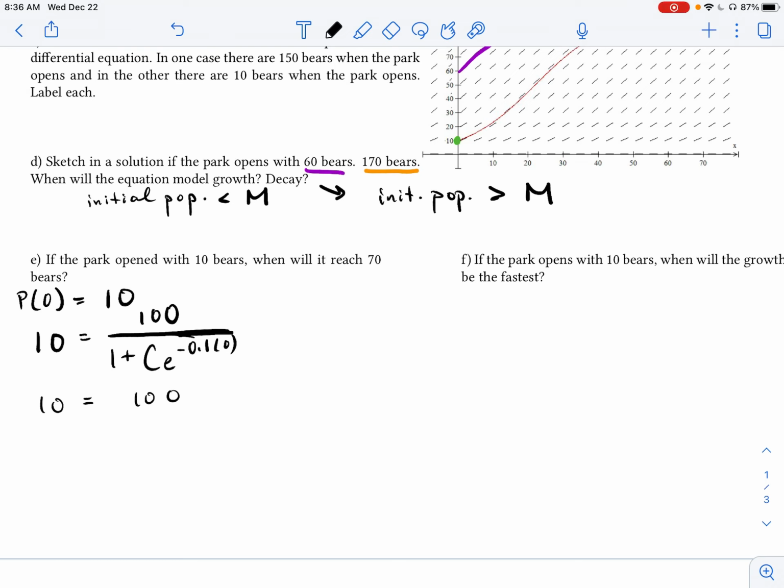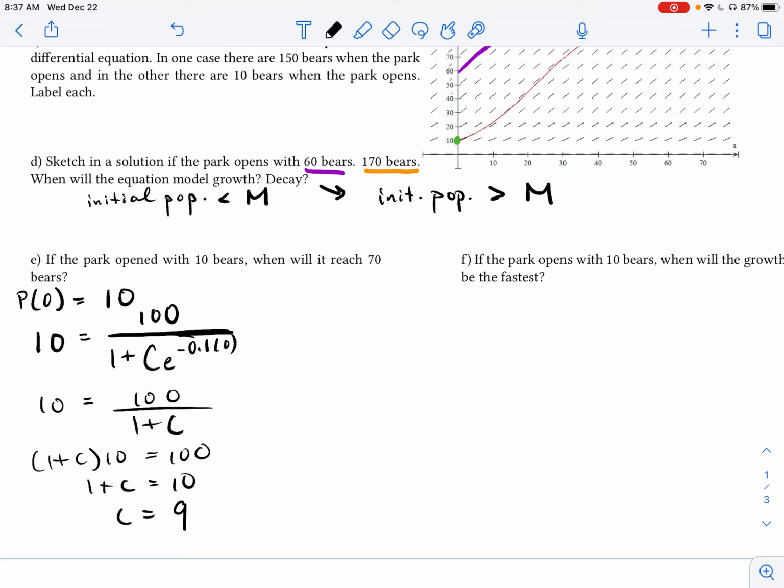We're saying 100 over 1 plus c times e to the 0 power, which is just 1. So let me just write that as 1 plus c. And then here, after just algebraically solving, 1 plus c times 10 is equal to 100. 1 plus c is equal to 10. C is equal to 9.